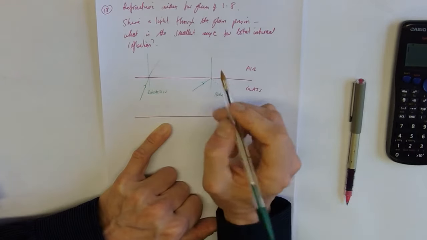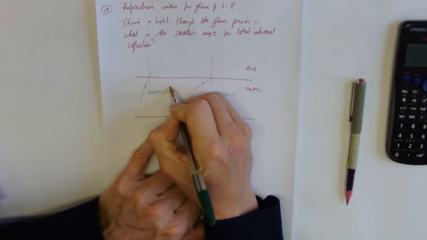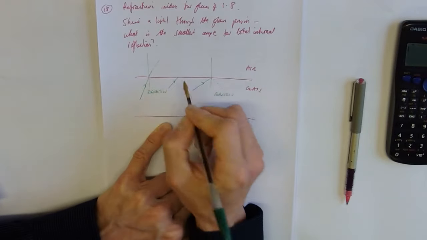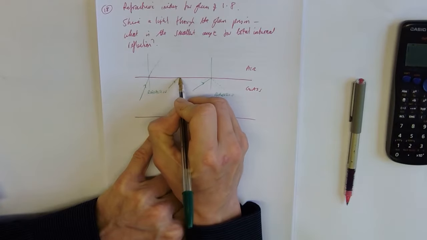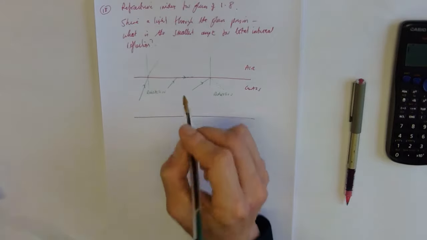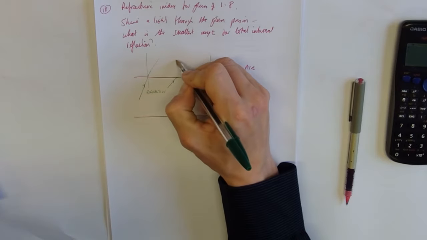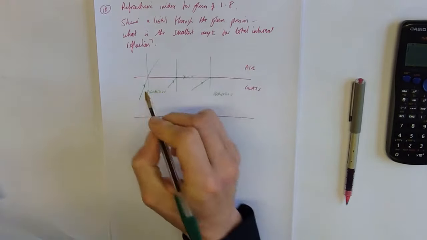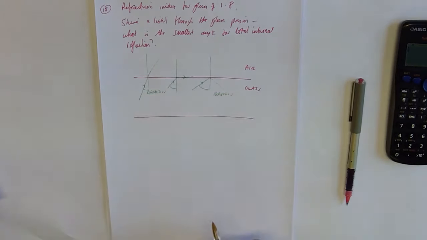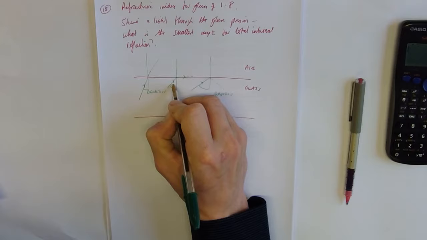Or we could have a situation in between where our light ray is heading there, and it actually does neither, or it just goes between the two, where it would go along there. And so any angle that's shallower than this angle here, then it would reflect. So this is our critical angle.